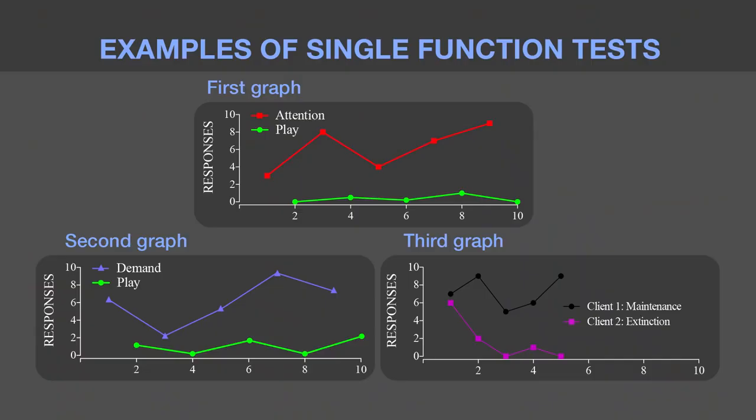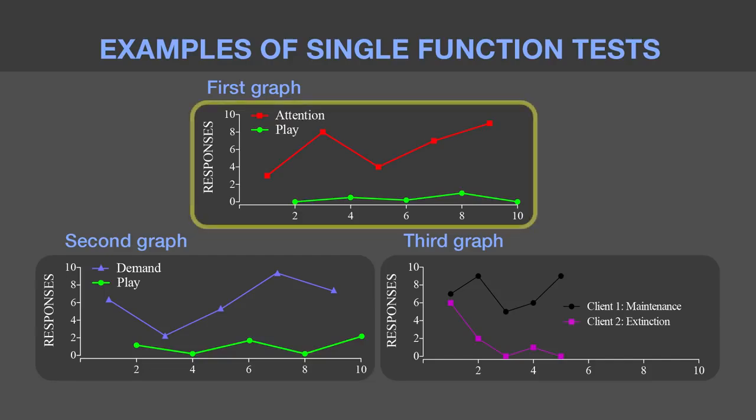So here is an example of several different single function tests. So again, I've got 3 graphs in this slide, and the top graph shows results for an individual whose assessment consisted of the attention condition and the play condition. Now, very clearly, there's a higher rate of problem behavior in the attention condition.